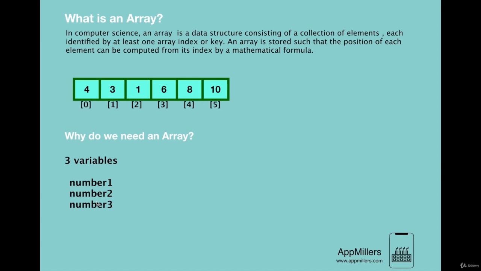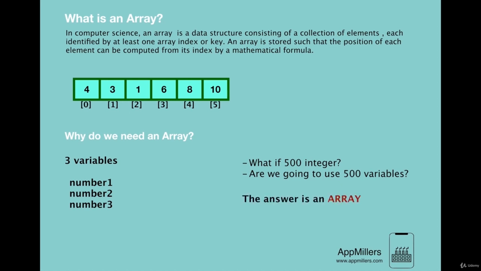Now let's assume we have to store 500 integer numbers. Are we going to declare 500 variables? Of course not. To handle such a situation, almost all programming languages provide a concept called an array. An array is a data structure which can store a fixed size collection of elements of the same data type.